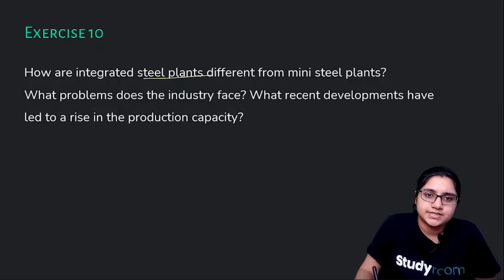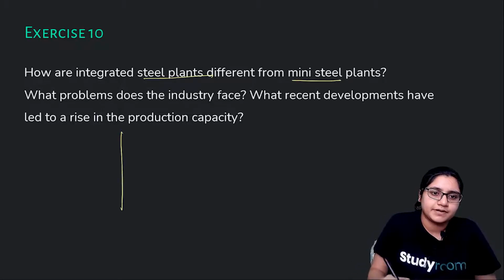How are integrated steel plants different from mini steel plants?